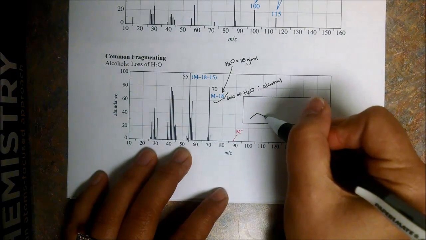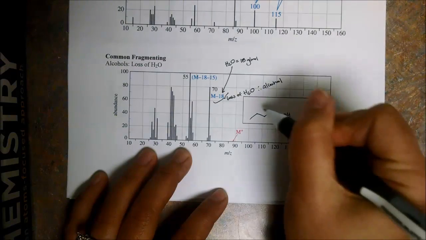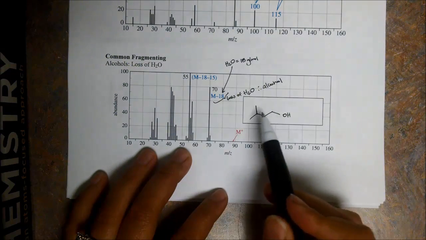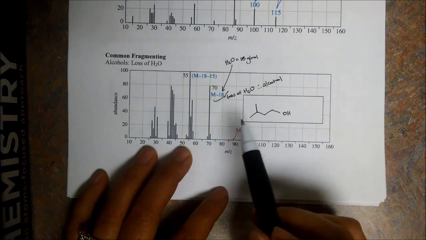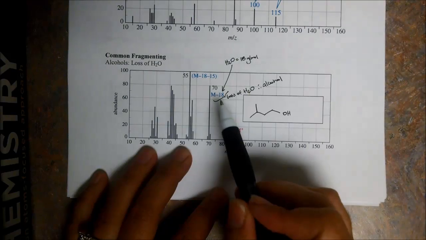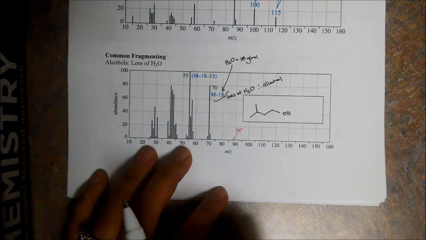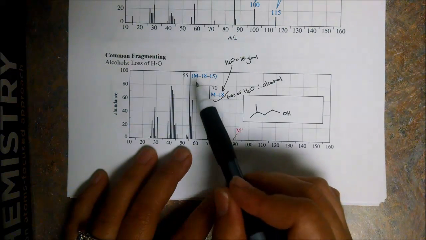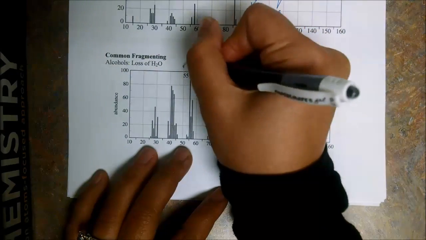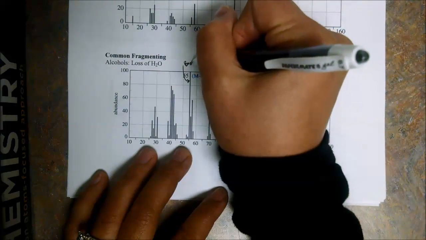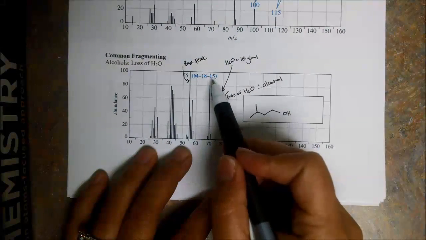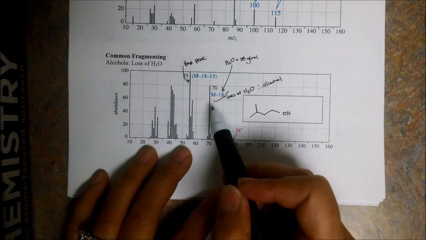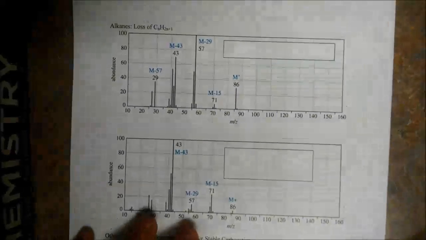So this corresponds to this structure, and I definitely would not ask you to do this entire structure, but I would expect you to say, hey, we lost 18, this corresponds to water, so we probably started with an alcohol. Notice too, here's the other base peak, the largest peak, and we've lost water here as well, but we've also lost 15. What could that correspond to? We'll see on the very next example, and that's with alkanes.